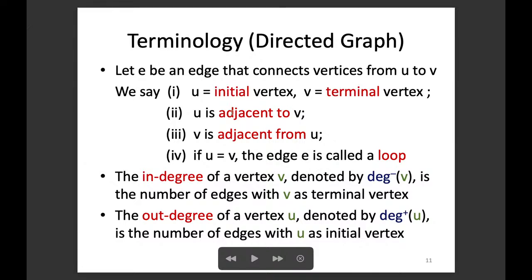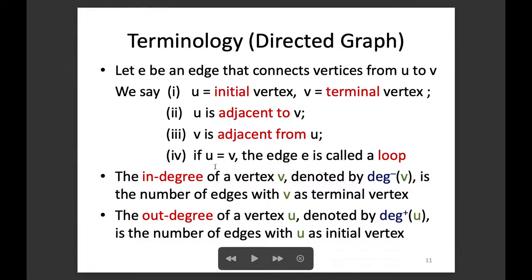When we talk about the undirected case, we say U and V are adjacent. Here, we also want to specify the direction. So we say U is adjacent to V, meaning pointing to. U is adjacent to V, with the arrow pointing to V. And V is adjacent from U, so the arrow is pointing from U to V.